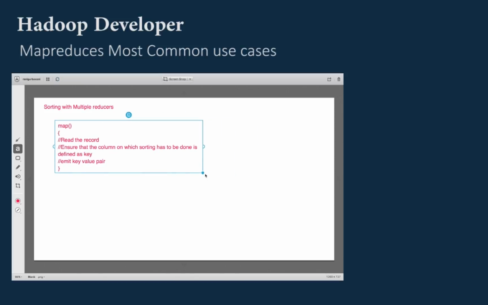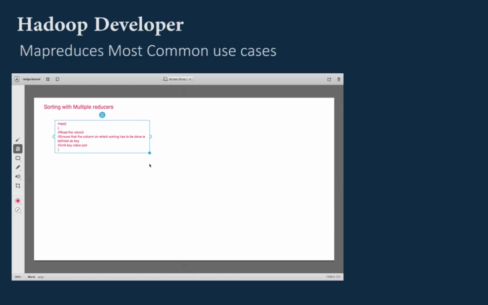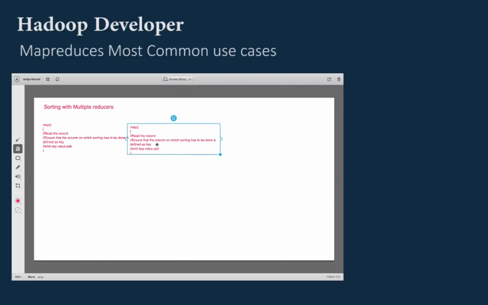So let's say we have data which is big enough, and there are 3 mappers. And there are supposed to be 2 reducers.